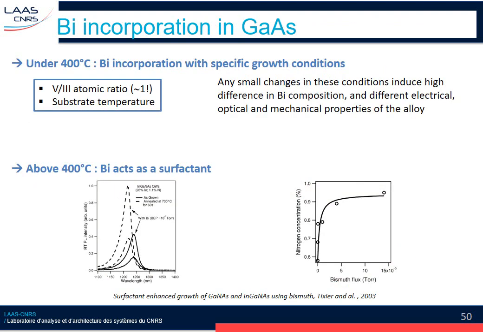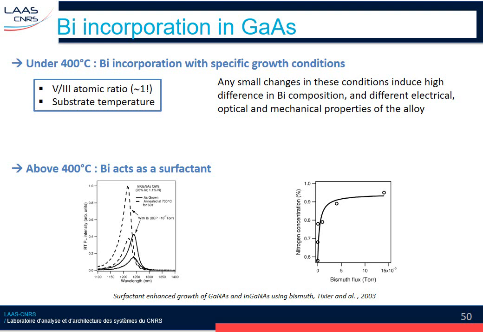There are two growth regimes for the bismuth incorporation in gallium arsenide. Under 400 Celsius roughly, the bismuth incorporates into gallium arsenide, provided that the V/III ratio is about 1 and that you control very accurately the substrate temperature.